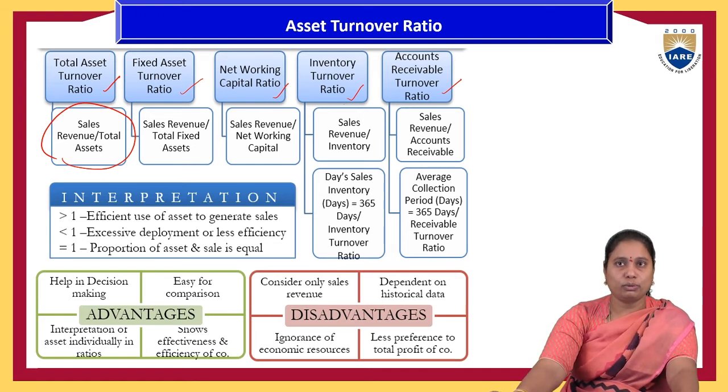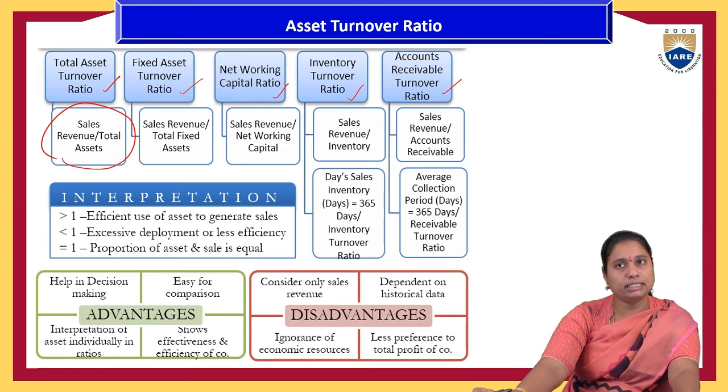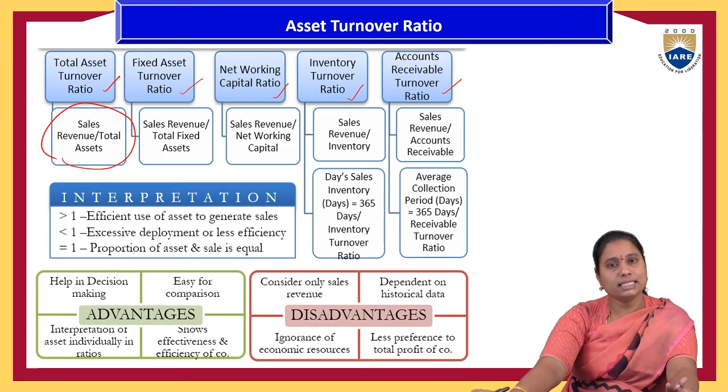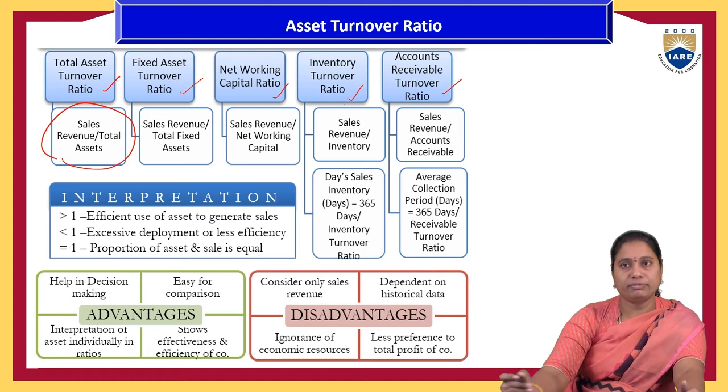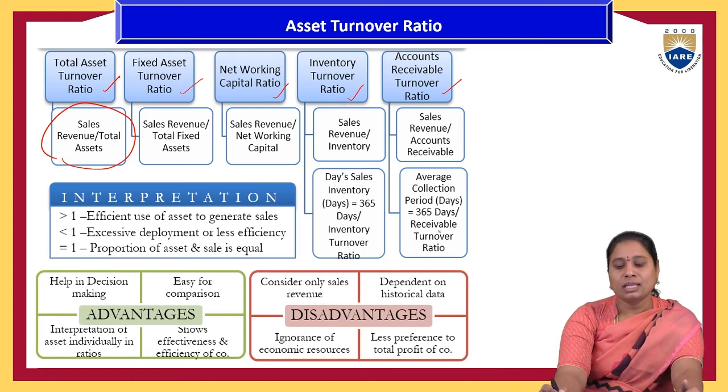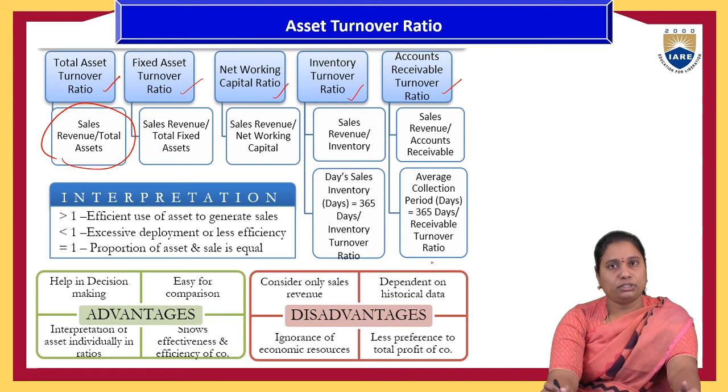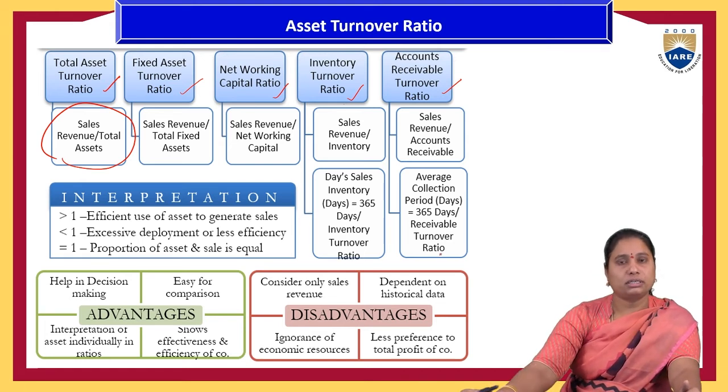For inventory turnover ratio, sales divided by inventory for the day-to-day sales; for account receivables, sales revenue divided by account receivables, and on average how much they will be receiving can be calculated with 365 days divided by the receivables turnover ratio. So these are the various assets turnover ratios.